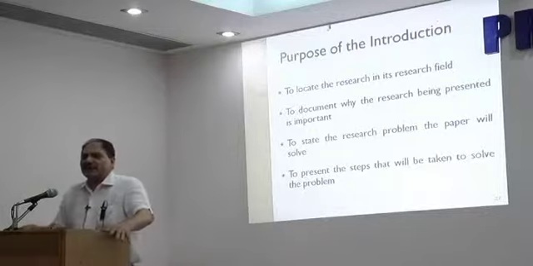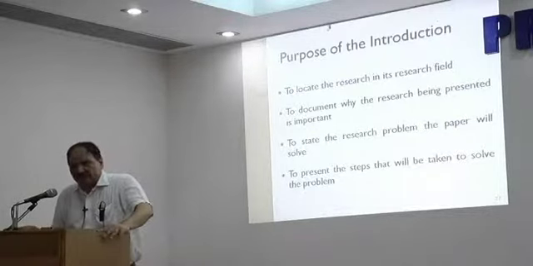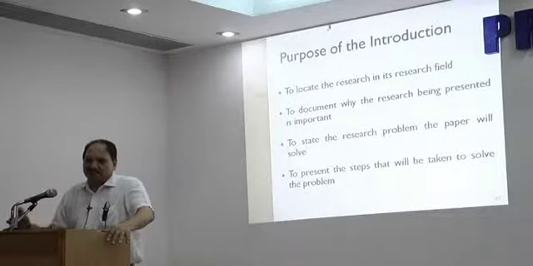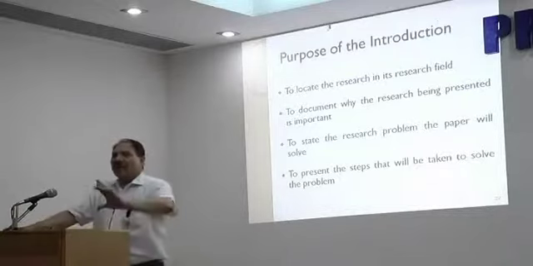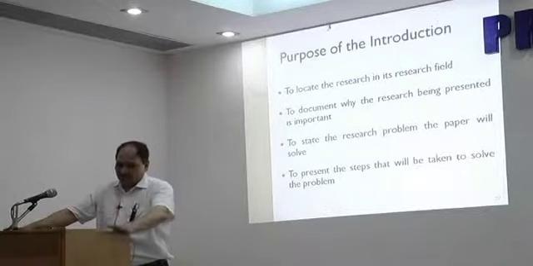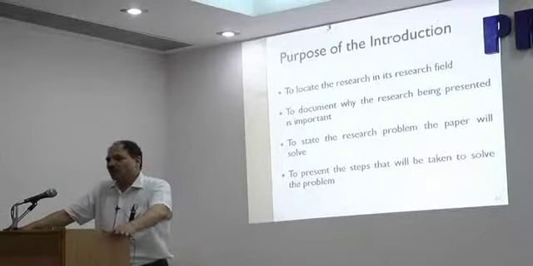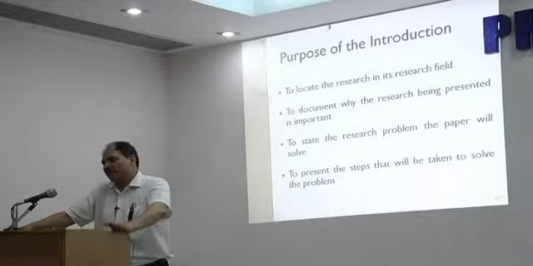That means you do not need to write the methodology in detail. You need to just indicate what would be the basic process used to solve the problem. So, an idea about the research methodology, not the research methodology in detail. Right? So that should also come under the introduction part.